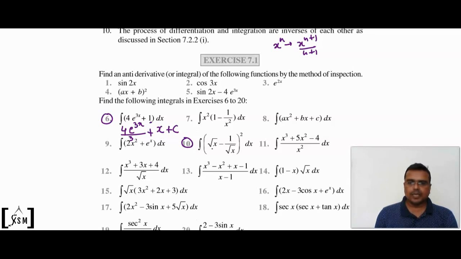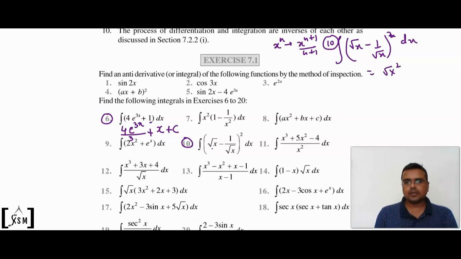First of all, we'll have to break this up. So I'm solving number 10 here: root x minus 1 over root x, whole square. We are integrating. So let me expand it, dx. Root x square is root x square, minus 2 root x times 1 over root x, plus 1 over root x square. Correct.